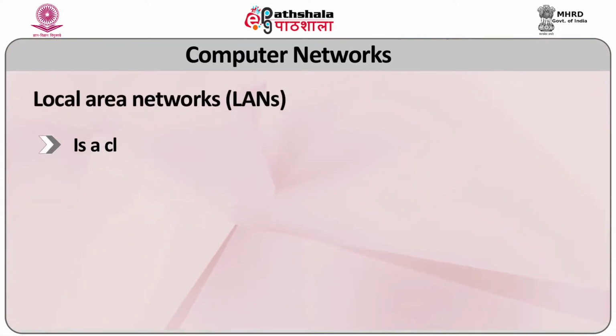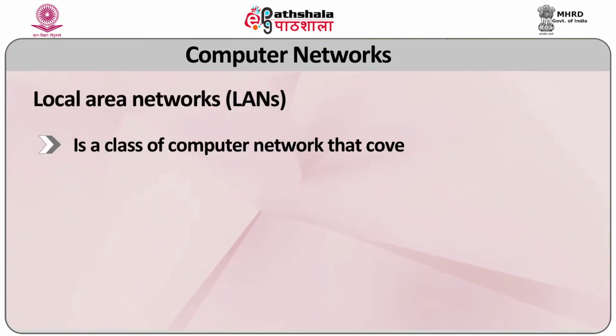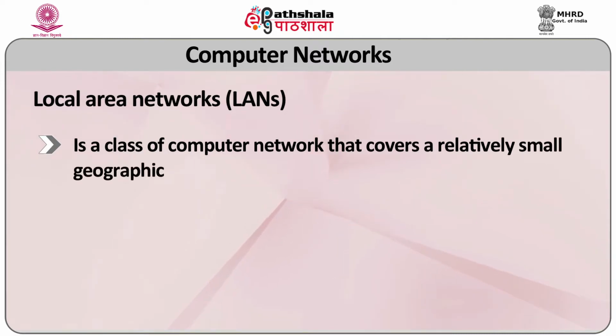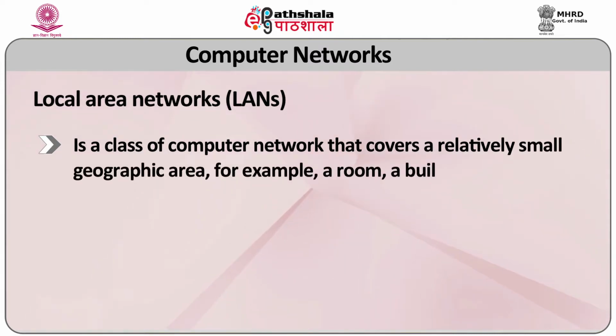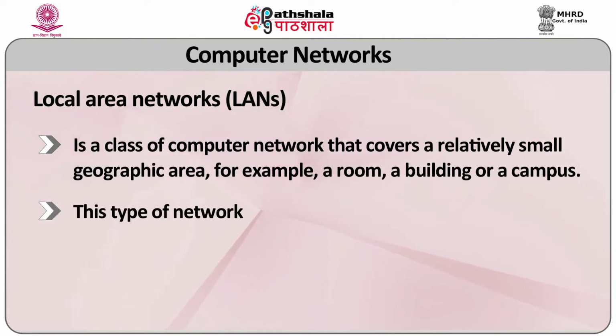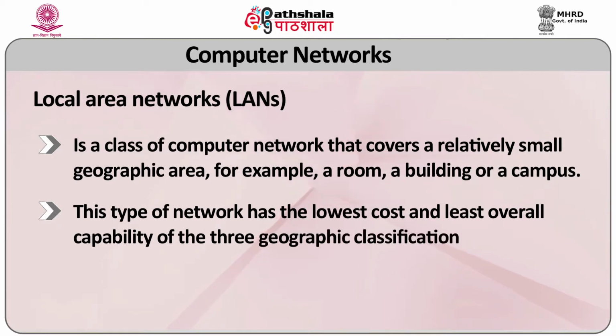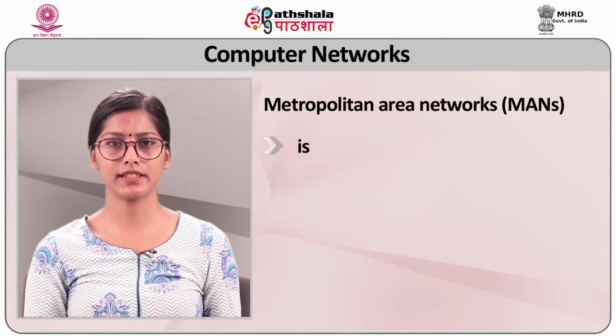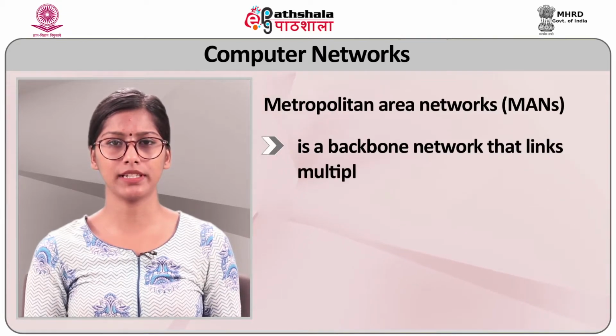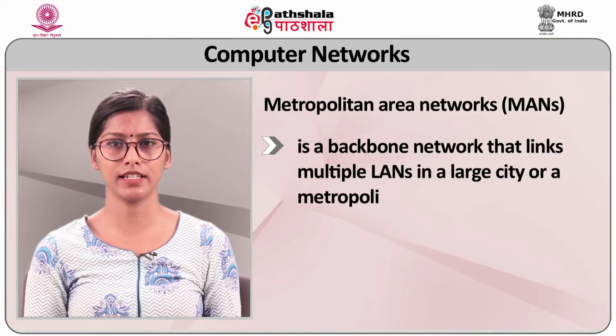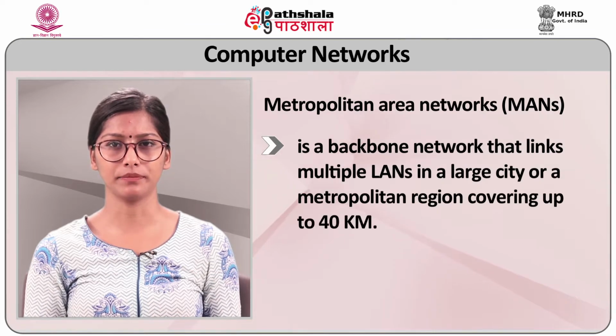A LAN is a class of computer network that covers a relatively small geographic area, for example a room, a building or a campus. This type of network has the lowest cost and least overall capability of the three geographic classifications. A MAN is a backbone network that links multiple LANs in an area, city or a metropolitan region, covering up to 40 kilometers.